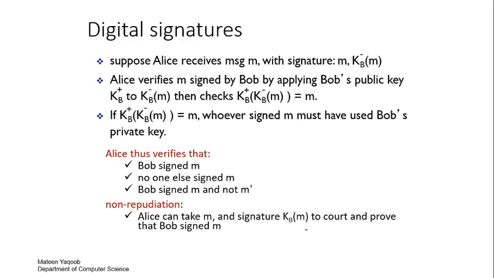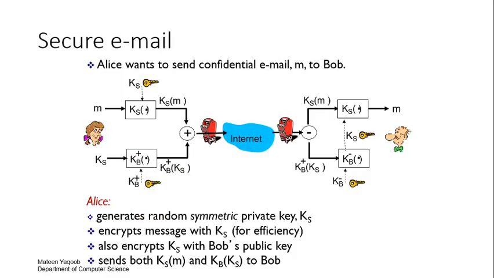Alice, the receiver, verifies that it has been signed by Bob, whoever is using that private key. So Alice can take the message and signature and prove that it has been signed by Bob. Yes, digital signatures are very useful.